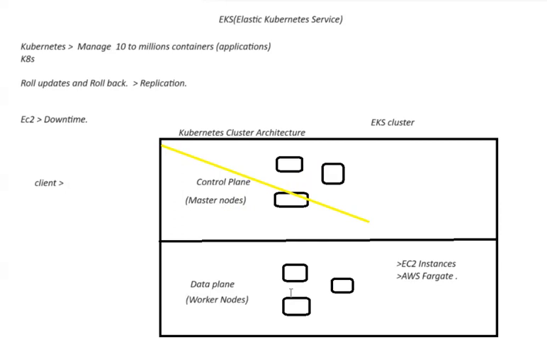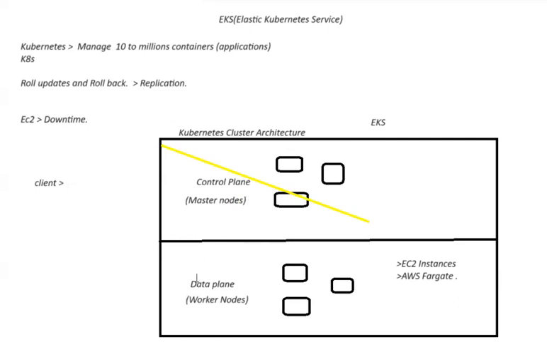So in these ways, you can control the whole Kubernetes cluster architecture in AWS by using the EKS service. By default, EKS will provide you the control plane, meaning it manages your master nodes.